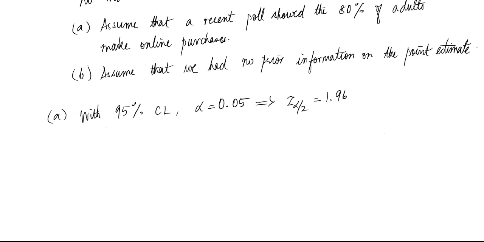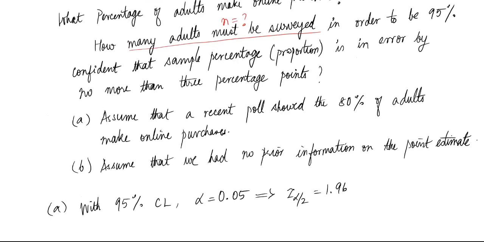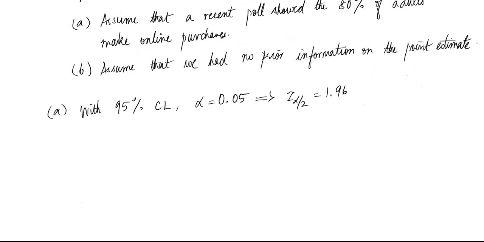And the margin of error is given to us, but it's written in words: no more than 3 percentage points. So E is 3%, or we don't use it as percentage in calculations, so it is 0.03.